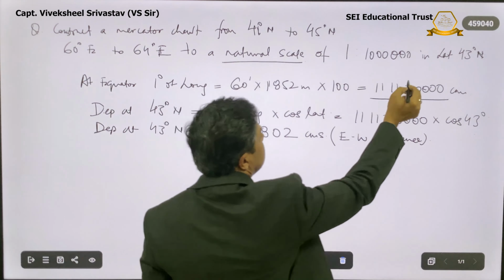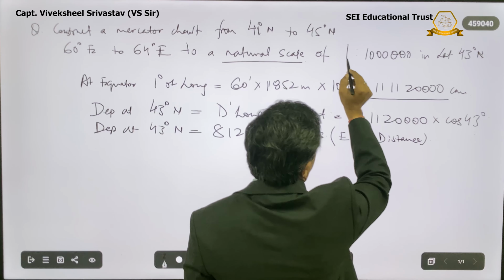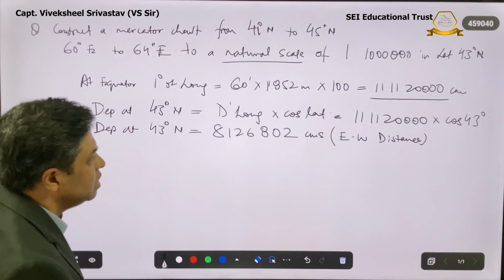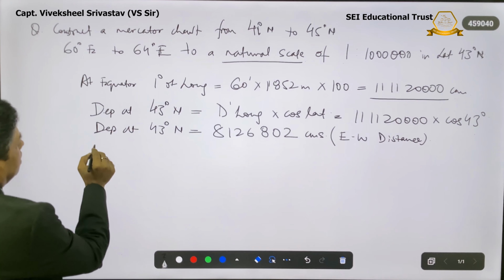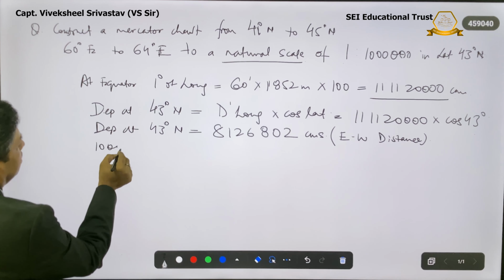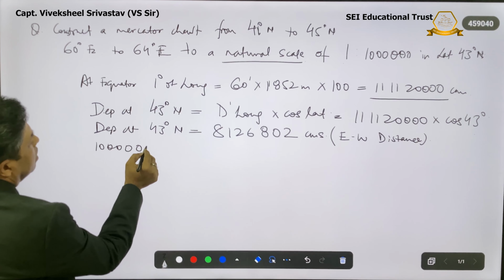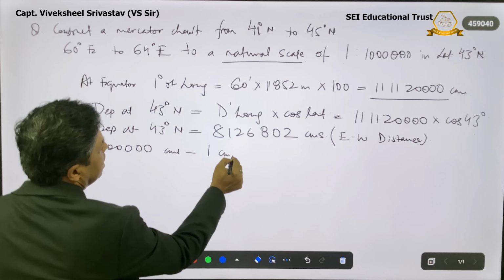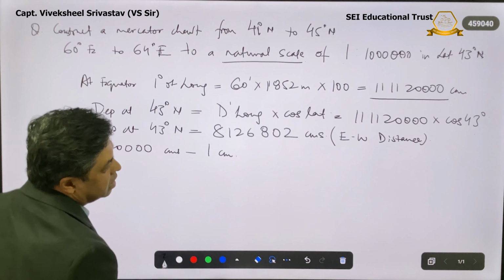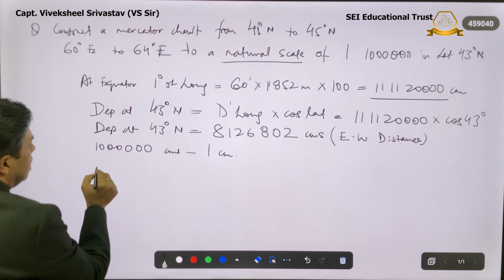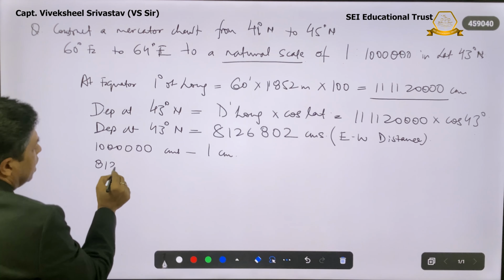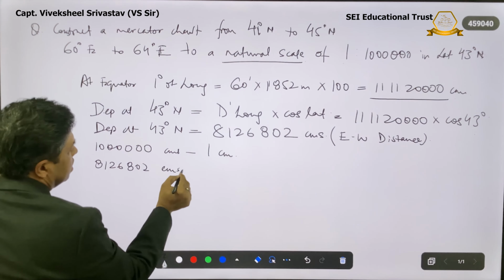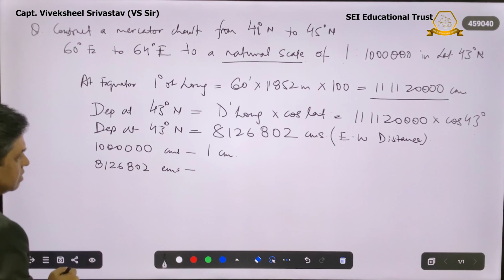And our scale says, which the scale which is given is that 1 centimeter should be equal to 10,100,000 centimeters on the earth. So if 10,000 centimeters measures 1 centimeter on chart, then how much will 8126802 centimeters measure on the chart?